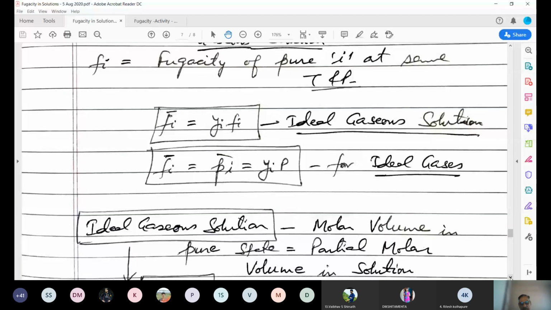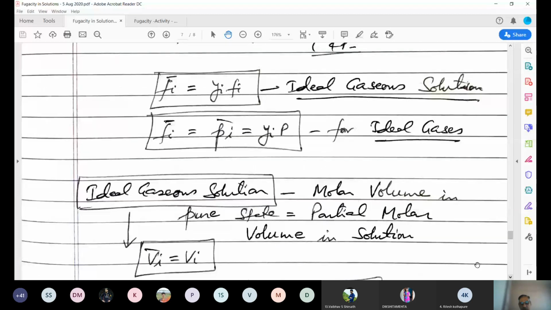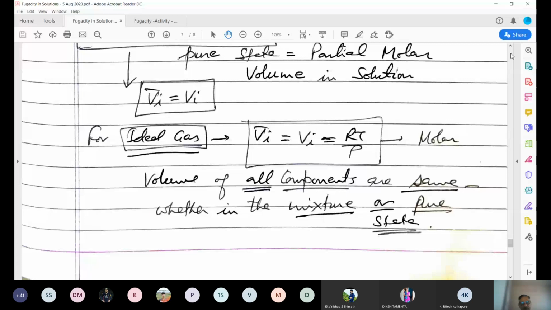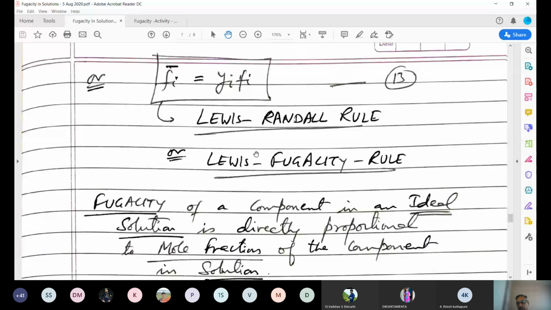Right? We have seen this before, right? Ideal gaseous solutions देख लिया हमने, Vi bar is equal to Vi. Let's see. We'll just see this tomorrow. Understand this main thing, Lewis-Randall rule, and we're going to use this for deriving non-ideal के लिए क्या करने का. This is going to be the basis for all the future derivations which we do.